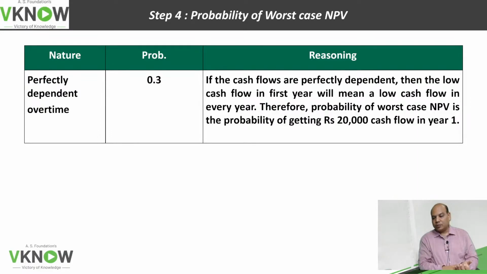If the cash flows are perfectly dependent, then a low cash flow in the first year will mean a low cash flow in every year.